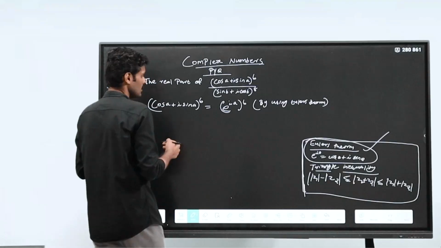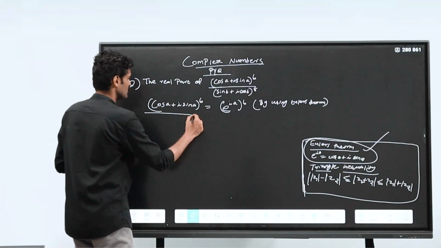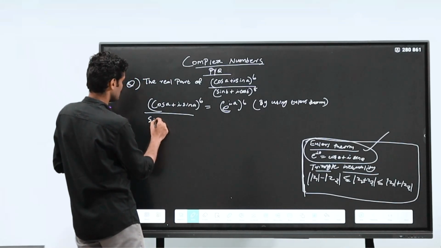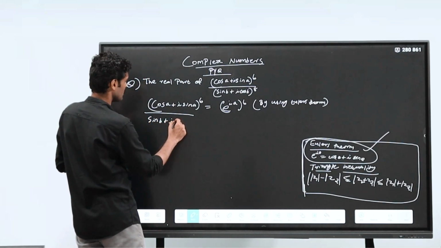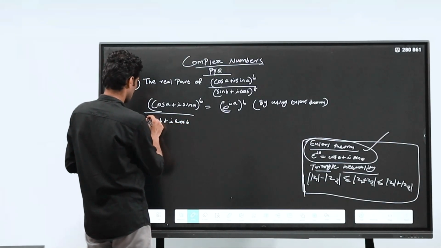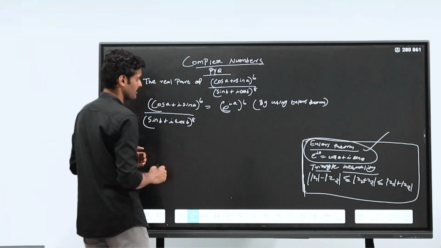Then the denominator. The denominator right here is (sin B plus i cos B) whole raised to 8.